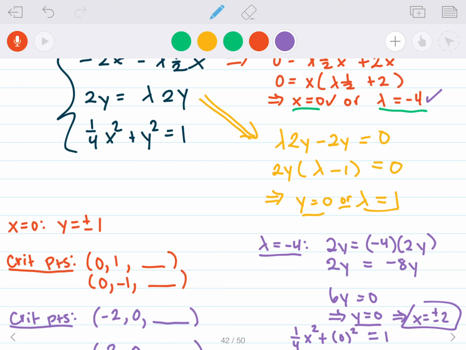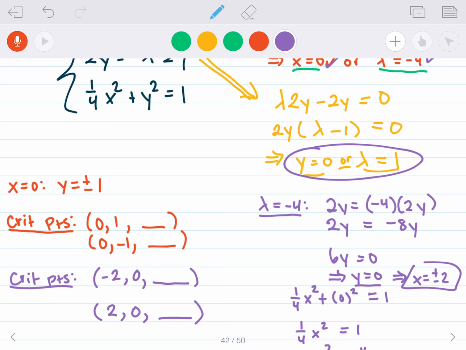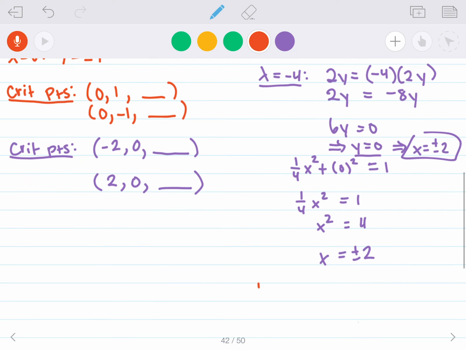Okay, cool. So we took care of these two cases. Now let's look at these cases down here and we'll be done. Actually, we already covered the case when y was 0 here. We already looked at that, so that was taken care of already. But what about what happens when lambda is equal to 1? Now let's look at the case when lambda is equal to 1.